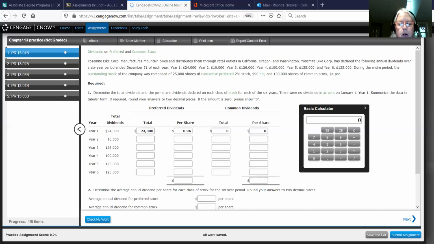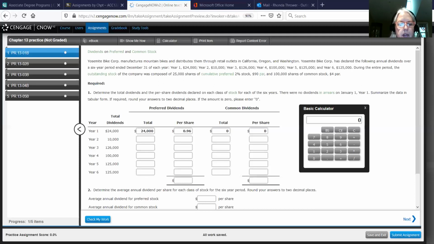The preferred stockholders got 96 cents as their dividends per share. I also have given you a notation here that says, I want you to remember that the common stockholders would not receive any dividends because the preferred stock dividends for this year was in arrears. So in other words, we still owe our preferred stockholders the 21,000, so we cannot give anything to our common stockholders yet.